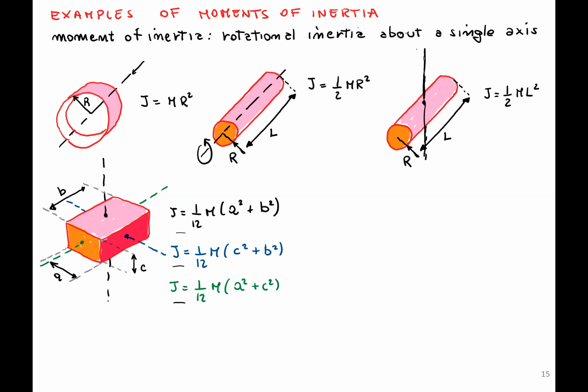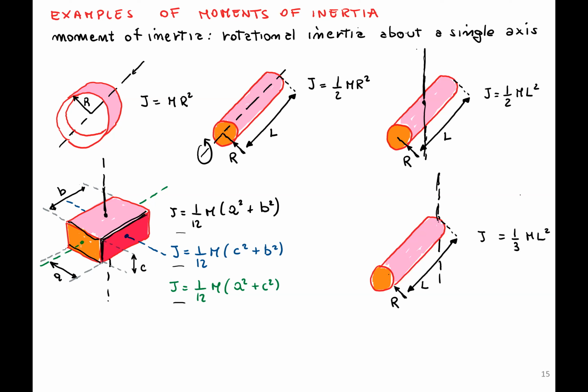So if we consider this axis, we'll see that it depends on the C length and on the B length, so on the cross-sectional area. And if we take the green axis, which is this one, we see that it depends on A and on C. And if we take the blue axis, sorry, the black axis, which is this one, it depends on A and B.